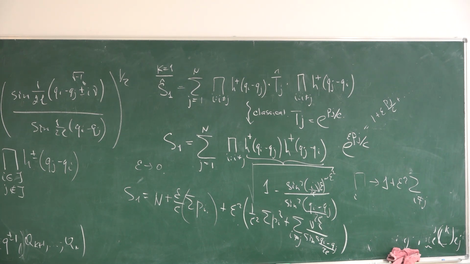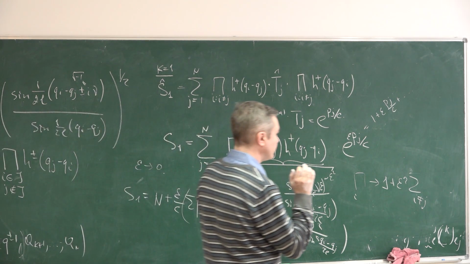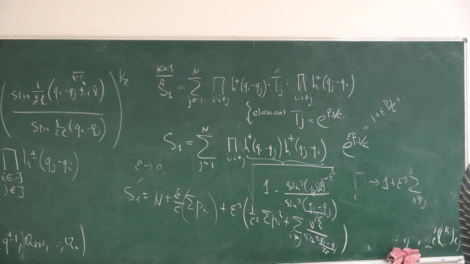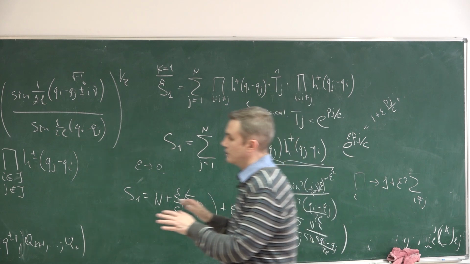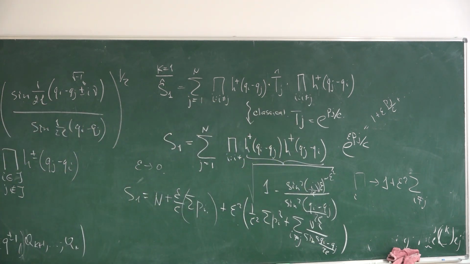And we are discussing this model because these operators, Ruijsenaars-Schneider operators, by some conjugation with the ground state, turn into the so-called Macdonald operators. These Macdonald operators have a lot of applications.